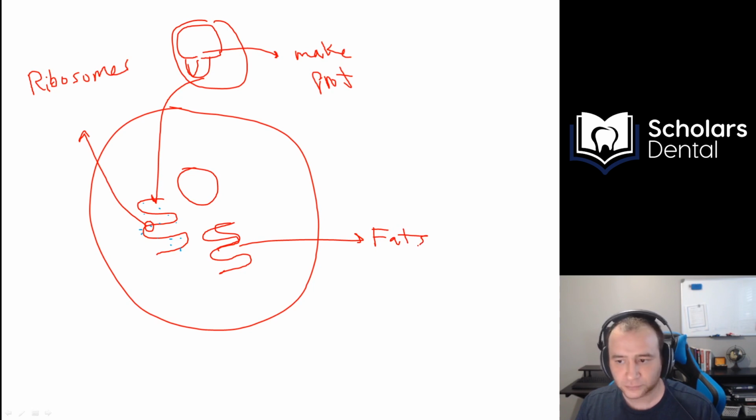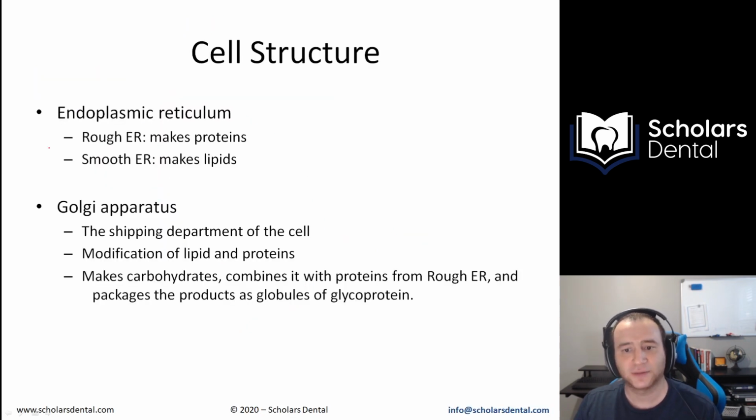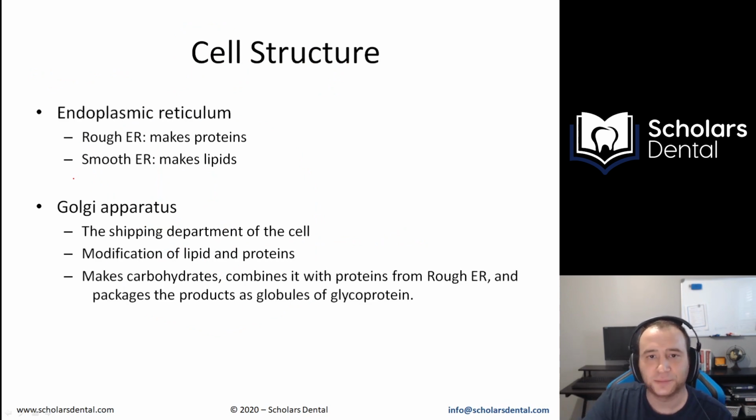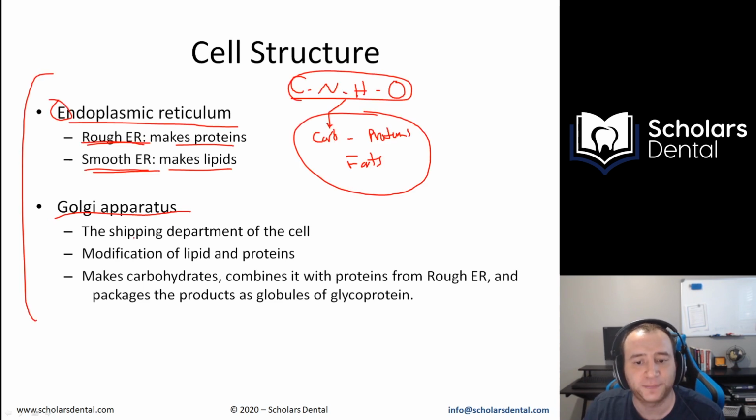Now, these fats and proteins, usually before they leave the cell, need to be packaged or enveloped, or just modified by sugars. And that's what the Golgi does. The Golgi apparatus is like the shipping department of the cell. It takes these fats and proteins, modifies them, and makes carbohydrates and surrounds the fats and proteins with these carbohydrates.